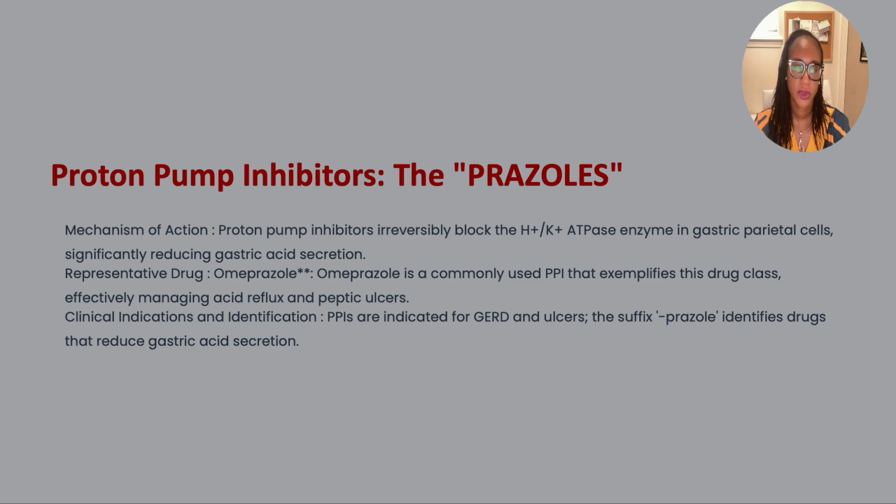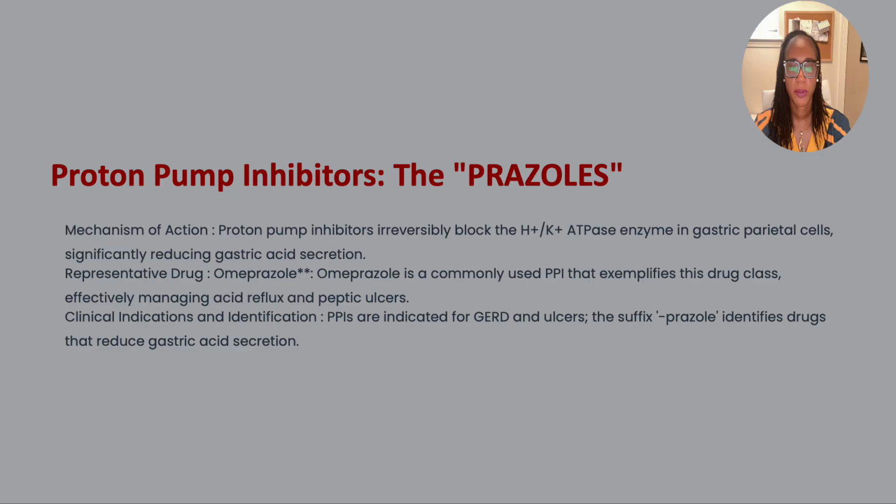These are the prazoles. These are proton pump inhibitors, and they're also known as gastric proton pump inhibitors. The proton pump is an enzyme primarily found in the parietal cells of the stomach lining, otherwise referred to as the gastric mucosa. Its main function is to acidify the stomach content, which is also crucial for digestion and activating the digestive enzyme pepsin.